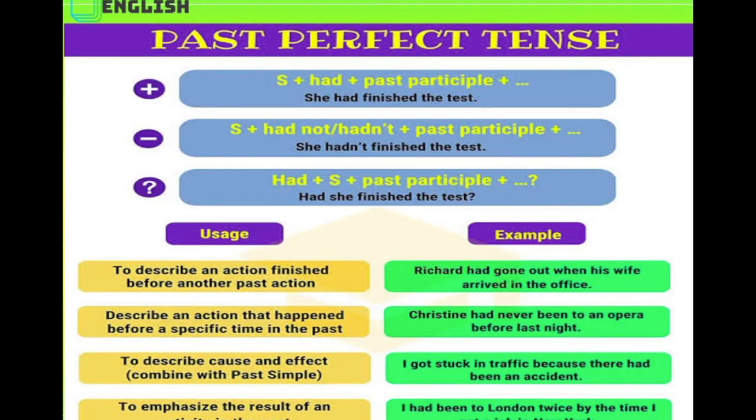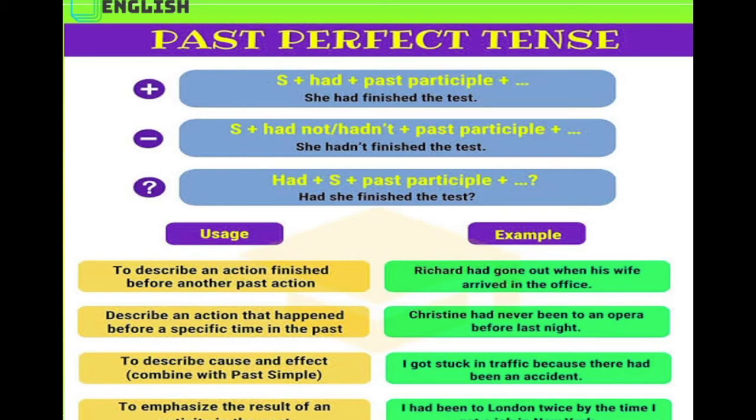So see here again, past perfect tense: subject plus had plus past participle plus the rest of the sentence, that is the object. She had finished the test. See here, with she we are using had, and finished is the verb's third form. In a negative sentence: subject plus had not or hadn't plus past participle plus object.